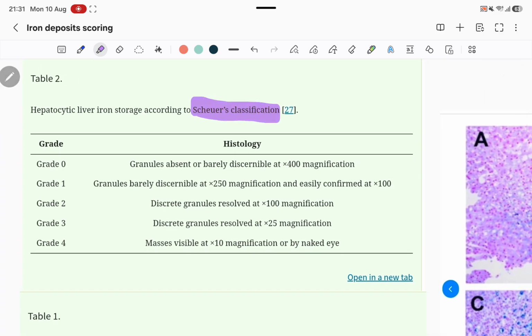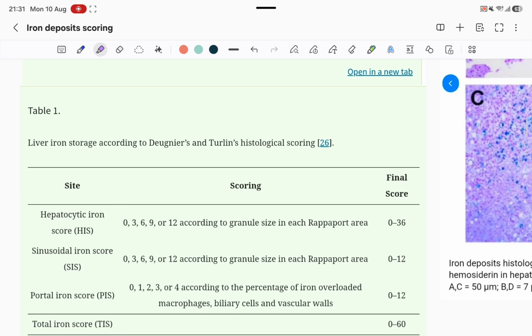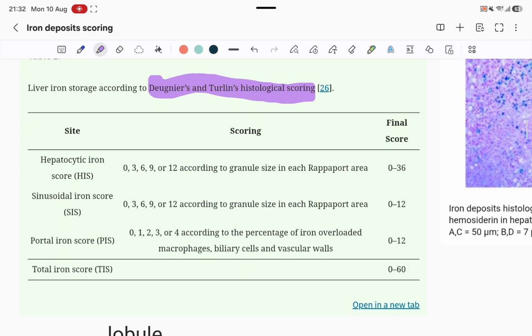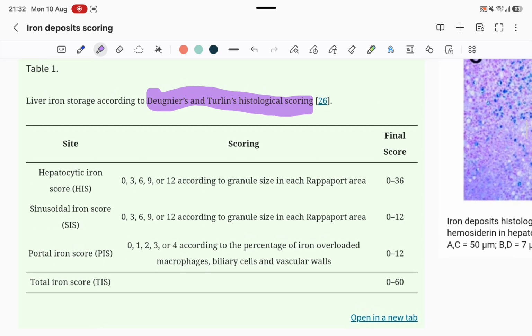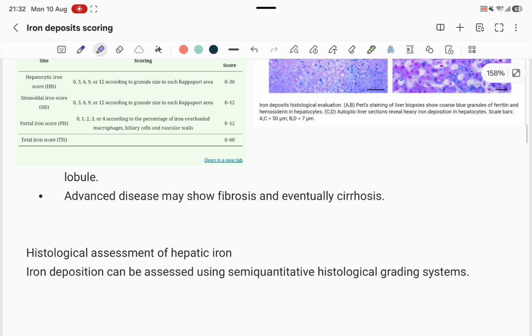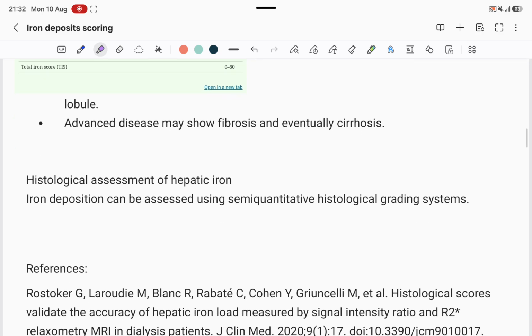There is Scheuer's classification, which is easier to remember, and there is Deugnier and Turlin histological scoring. Both of them look at the histology. However, this one is more specific and very aggressive in describing exactly where the deposits are.